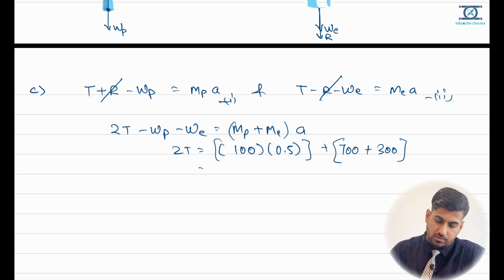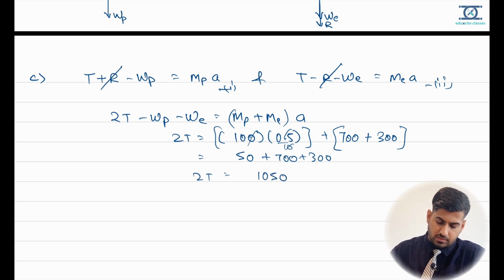So if you solve for this, this will be 100 times 0.5, which will be 50, right? 50 plus 700 plus 300. So this will be 1050 equals 2t. So t will be equal to 525 Newton, right? 525 Newton.